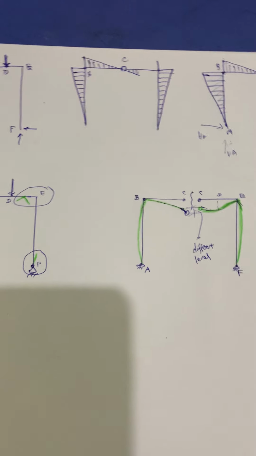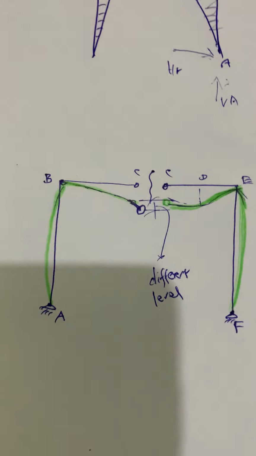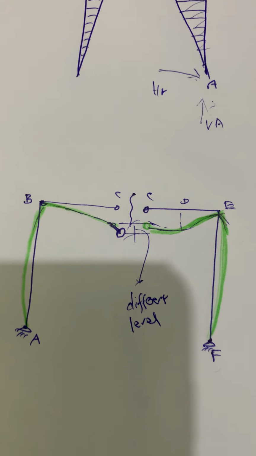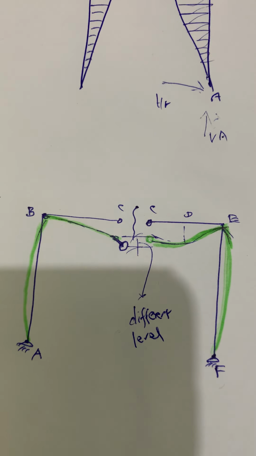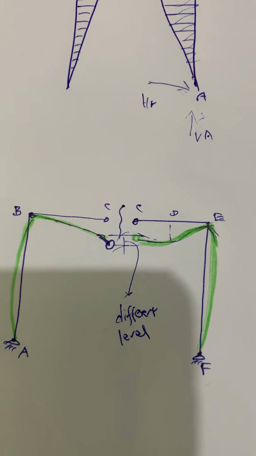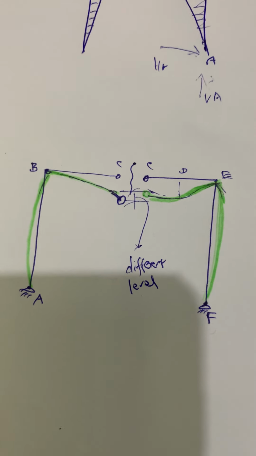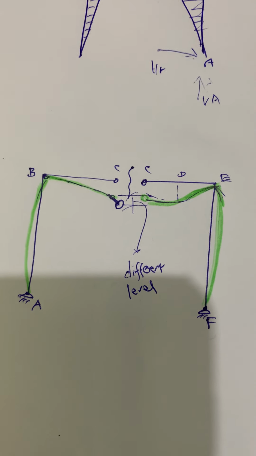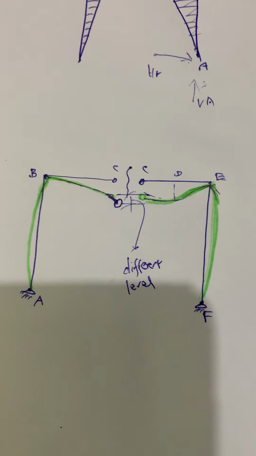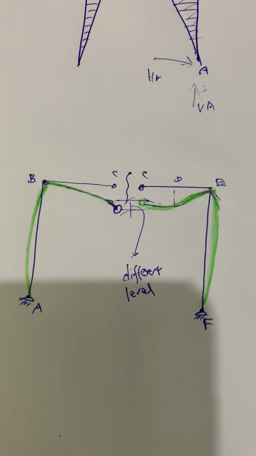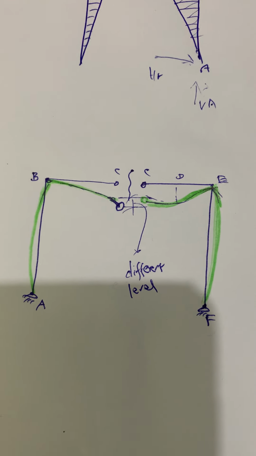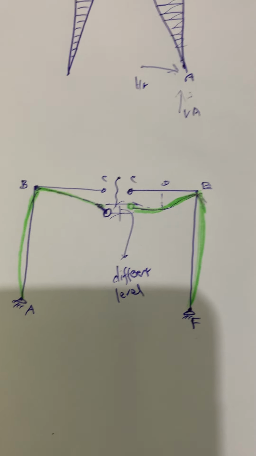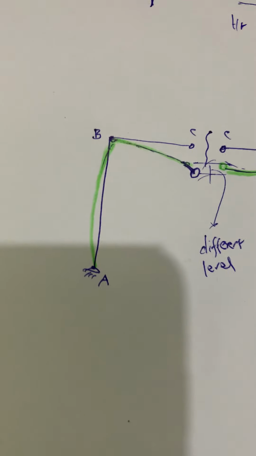Let us now look separately at each of these two halves. Let us first look separately at the two halves of the frame, the part A, B, C and part C, D, E, F. For the moment, we will assume that the corners B and E remain in their original positions vertically, just above A and F. And bending of the left hand side ABC takes place with tension on the outside.